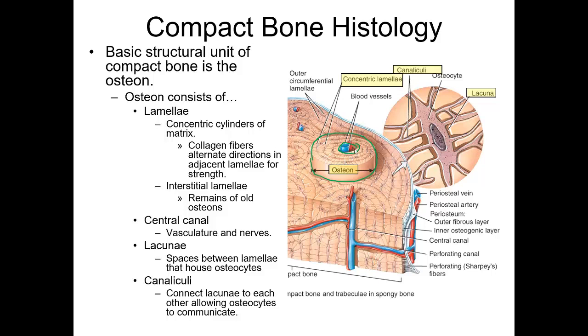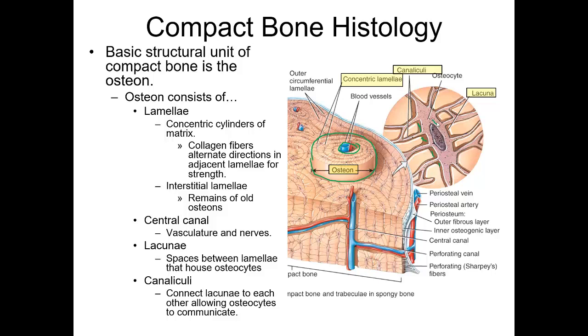So that's the vasculature right here. You have collagen fibers. You have lacunae, which are the spaces, or air pockets, in which the osteocytes are housed. That is the lacuna, or lacunae.